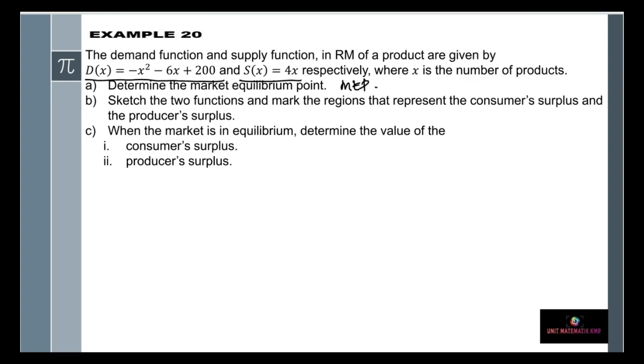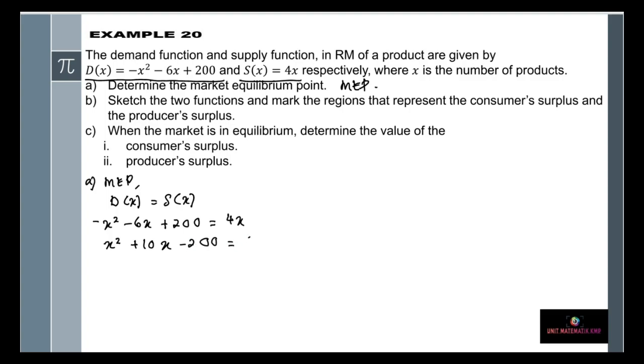Okay, so let's find MEP. We have to solve D(x) equals S(x). What is D(x)? D(x) is negative x squared minus 6x plus 200 equals 4x. Okay, we solve this one. So we have x squared plus 10x minus 200 equals 0.